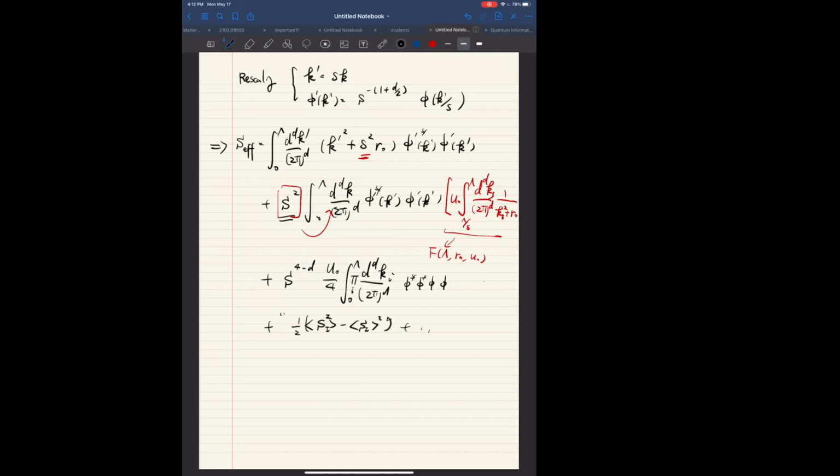So this is the same as before. We focus on this first. Okay, so this gives us the effective action, which we can also express in terms of the Feynman diagram.